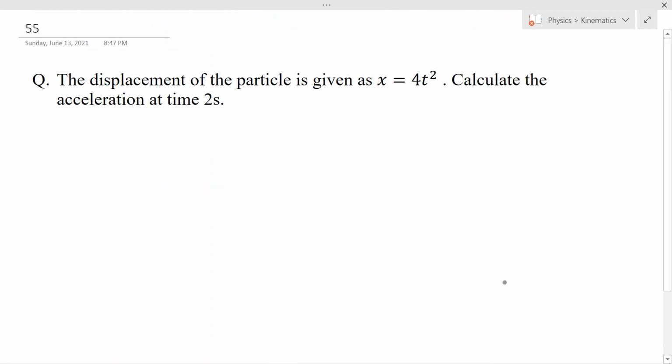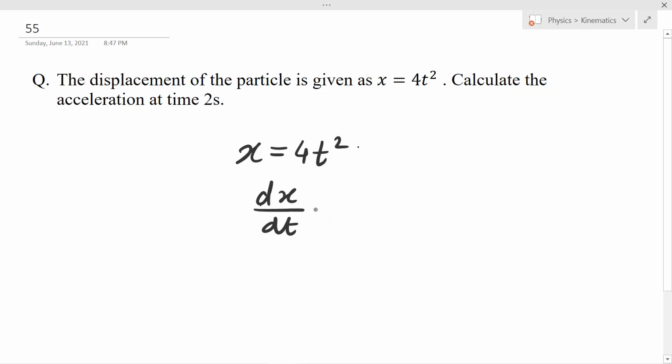The displacement of a particle is given as x equal to 4t square. Here t is the time. Calculate the acceleration at time t equal to 2 seconds. So now x is given to be 4t square. To know its velocity, I can take a differentiation with respect to t.